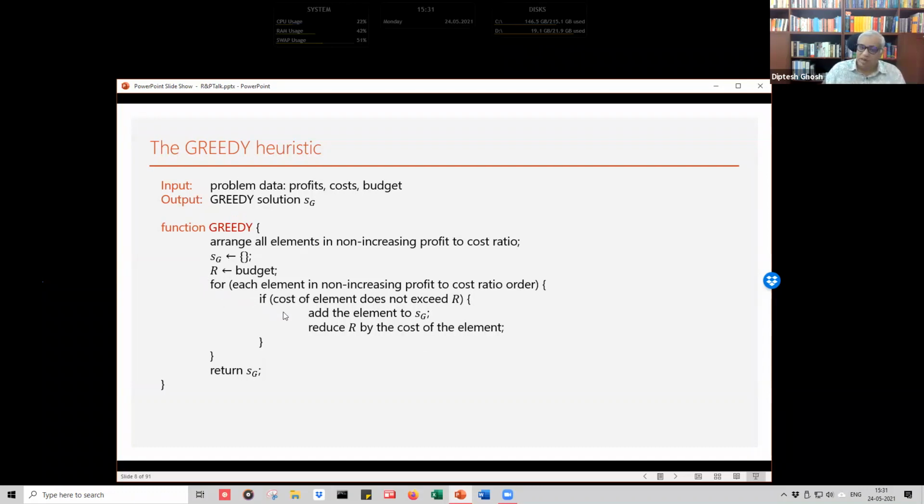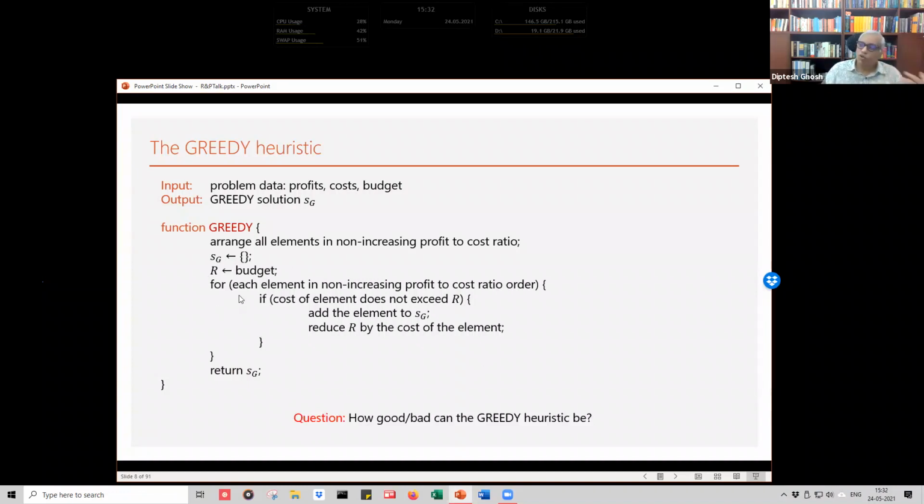If so, I put it into the solution and reduce my residual budget, otherwise I go ahead until I go through all the elements, and then I return the solution that I have been building.